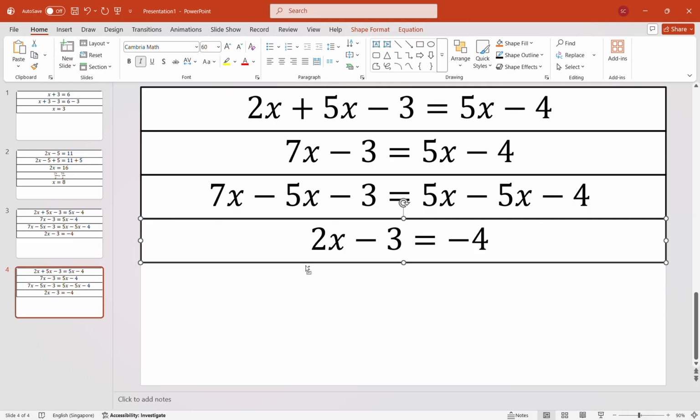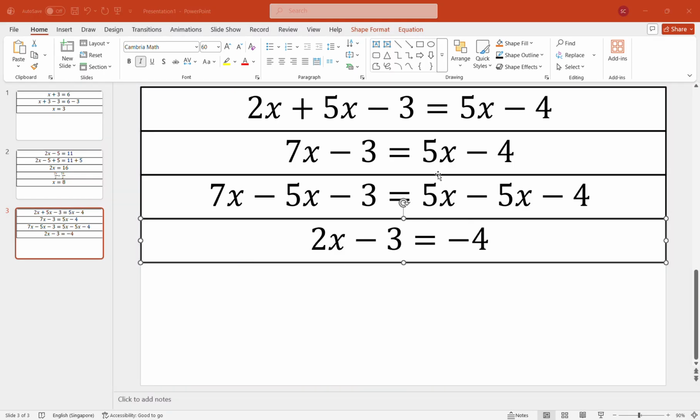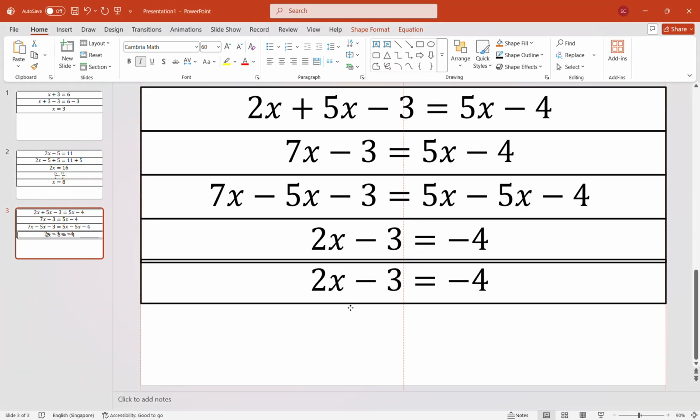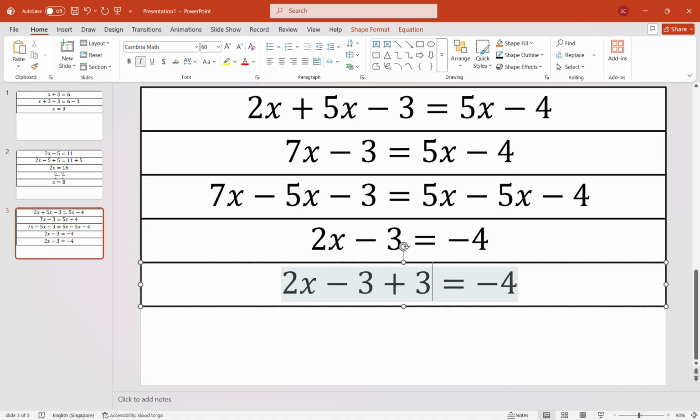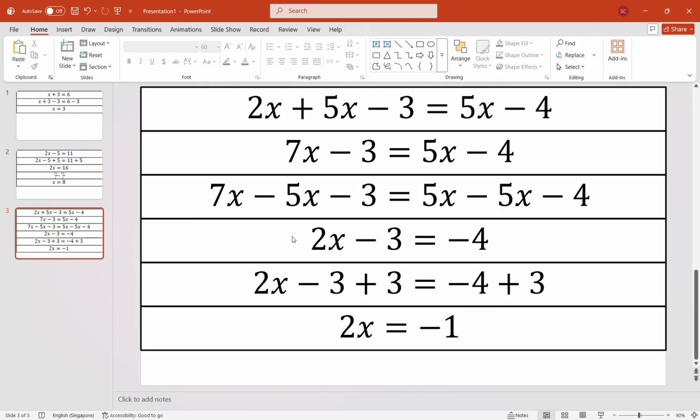And then from here, we can add 3 on both sides, since 3 is the inverse of negative 3, giving us 2x is equal to negative 1.